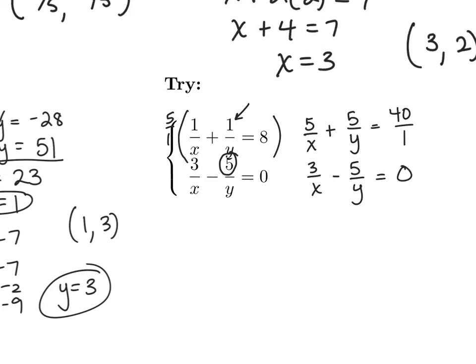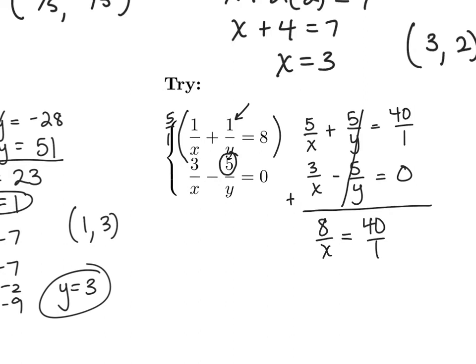Remember, when you add fractions, you have to have a common denominator. If you look, we have common denominators with these terms. The x's are both in the denominator, the y's are both in the denominator. Negative 5 over y and positive 5 over y are going to cancel right out. So then we'll have 5 plus 3 is 8 over x equals 40 plus 0 is just 40.